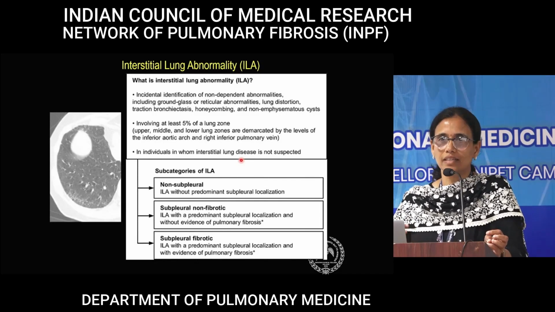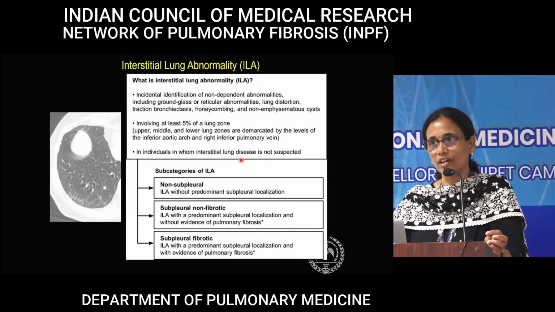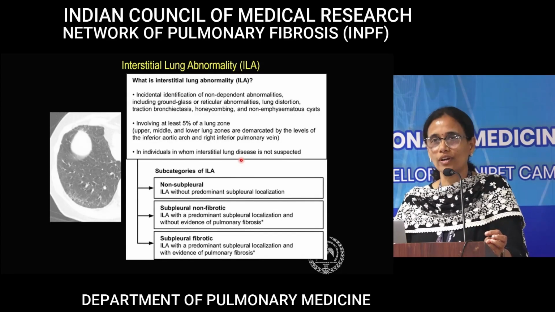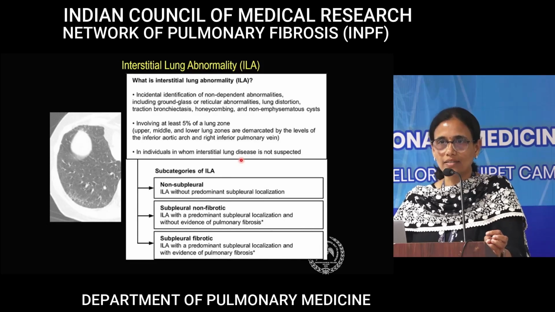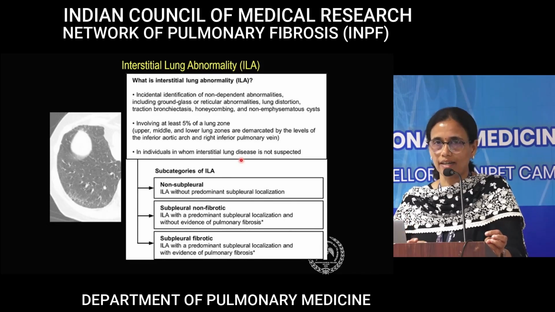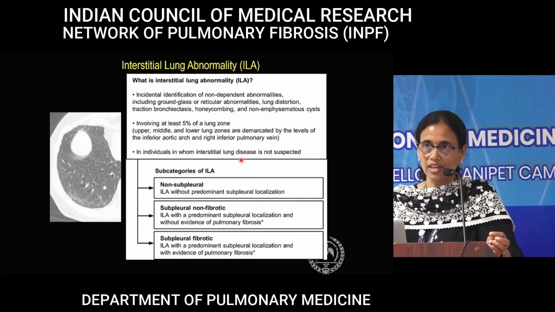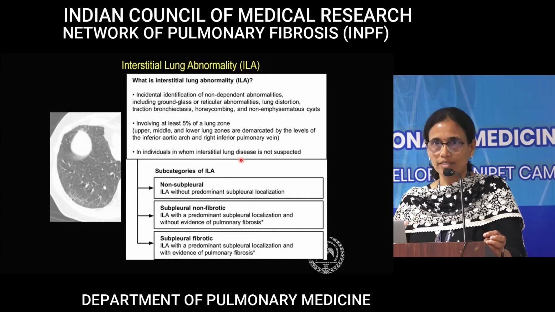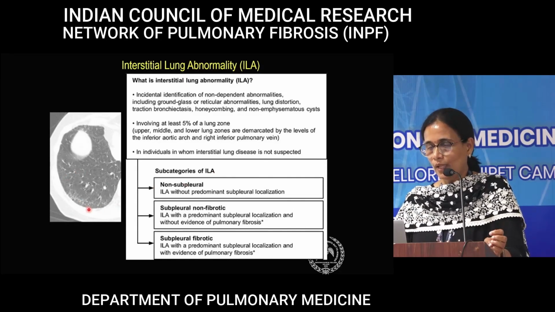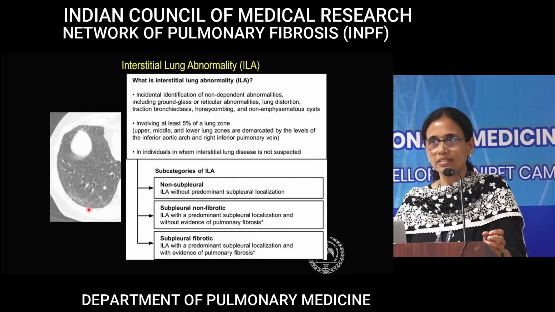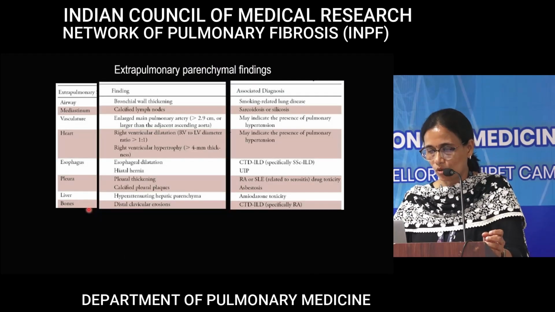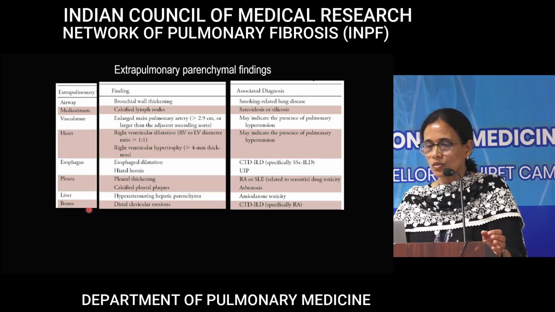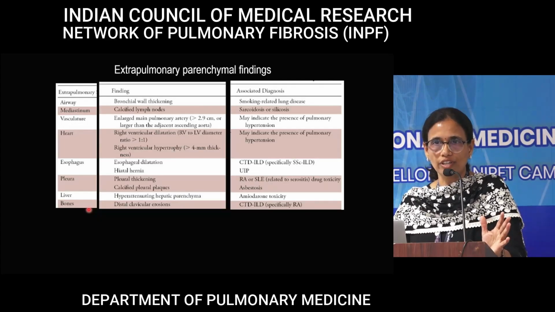If it is a known CTD patient and we are doing HRCT to look for ILD and we see some ground glass or something, then we cannot call it ILA, we have to call it ILD itself. So ILA is where we are not actually suspecting clinically and we are just radiologically seeing some findings. Some of these can also go into fibrosis and they can be kept on follow-up.